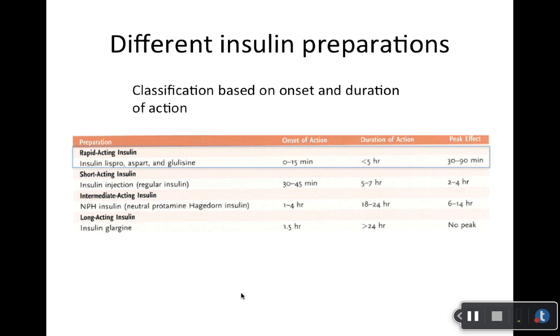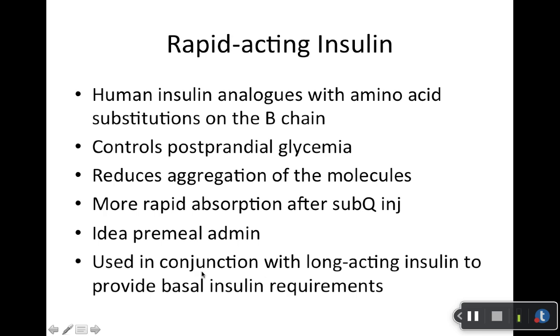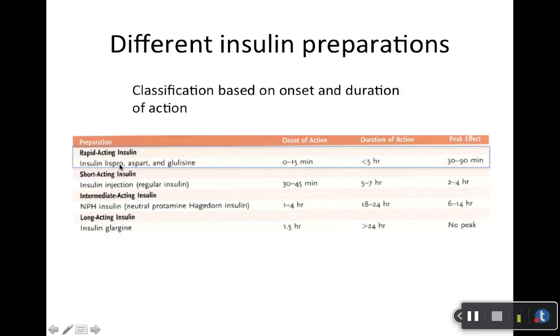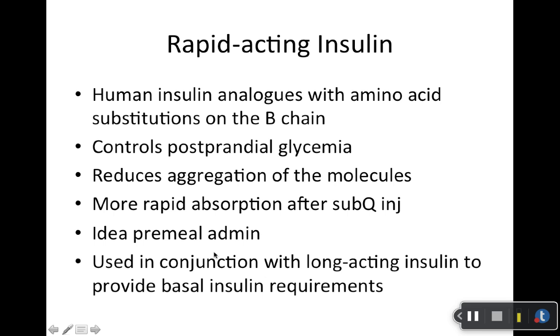So we'll have the insulin glargine here. Insulin glargine is an example of a long-acting insulin, paired with the lispro, let's say. The ideal situation would be that you give a once-a-day dose of the insulin glargine, and that'll give that background basal level of insulin throughout the day, kind of a lower level.